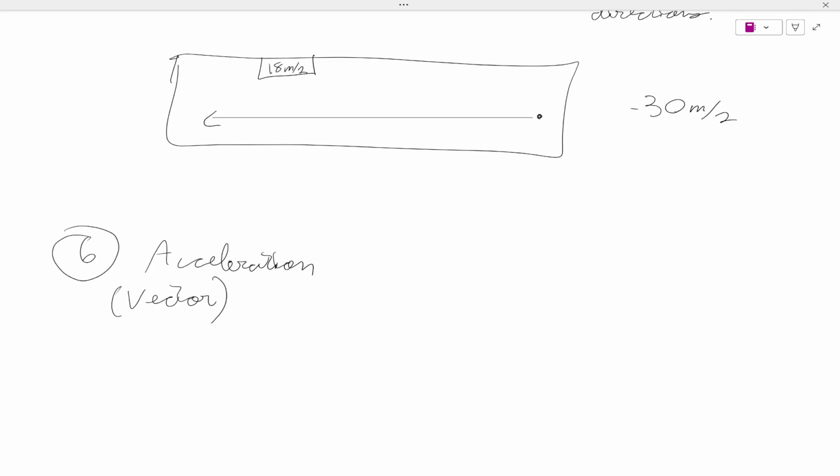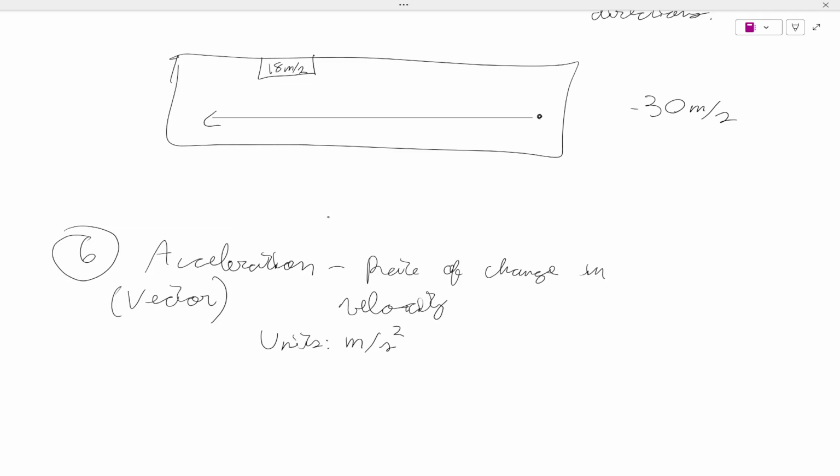Just an important note: first I'll write down the definition. It's the rate of change in velocity. Units are meters per second squared, because I'm changing the velocity, which is already meters per second.